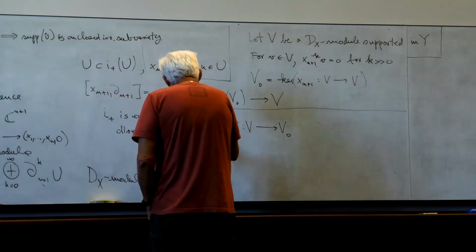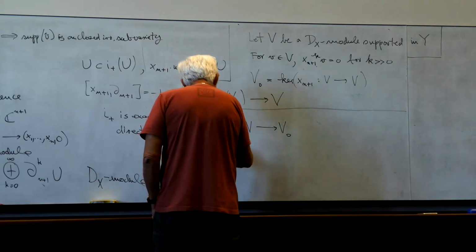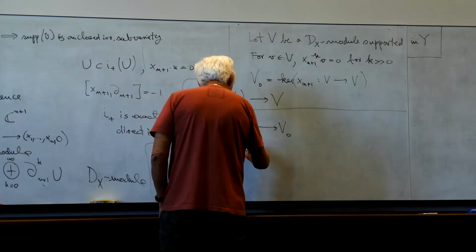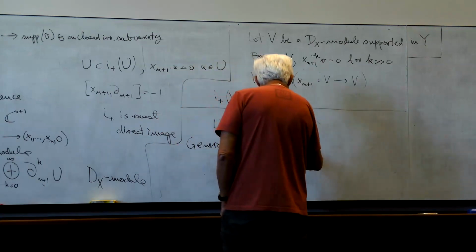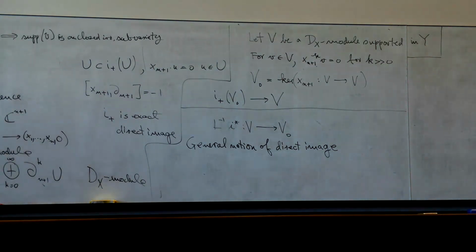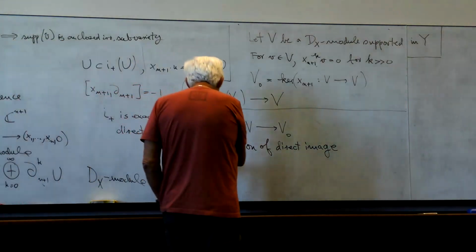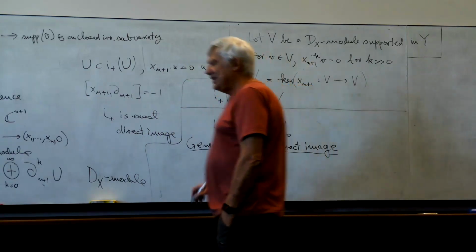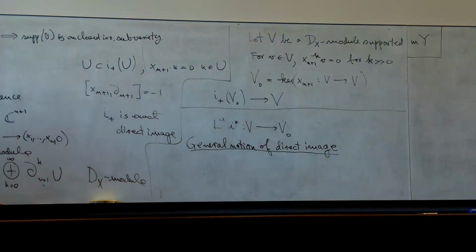So what I want to discuss is the general notion of direct image. Because I don't think, except in my notes, that this is explained in detail anywhere. There was a bunch of errors in the book. So let me just go through this. This is a series of exercises, and when we get done with this, we can actually use it.